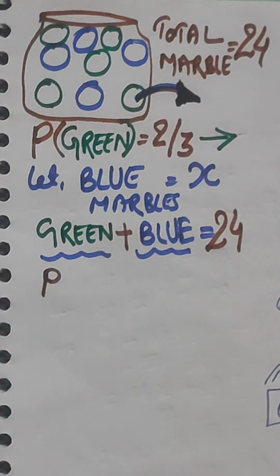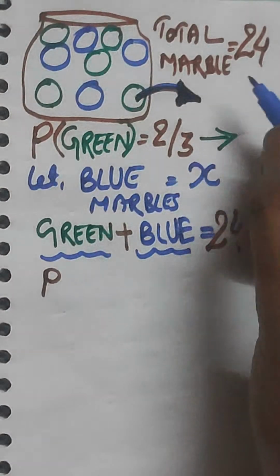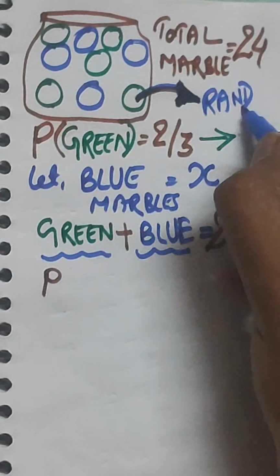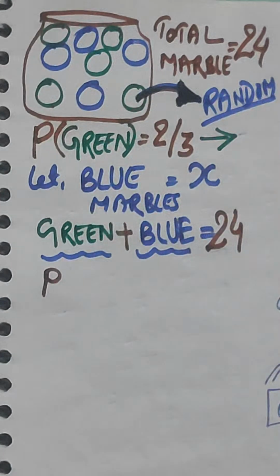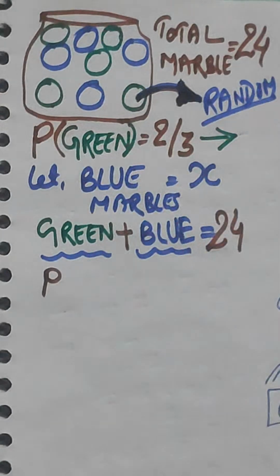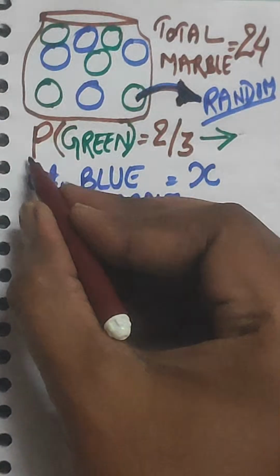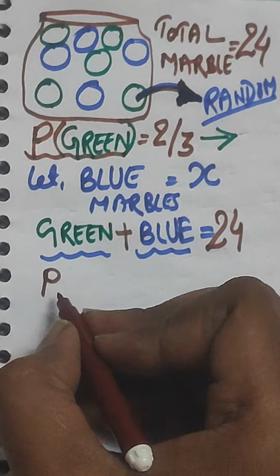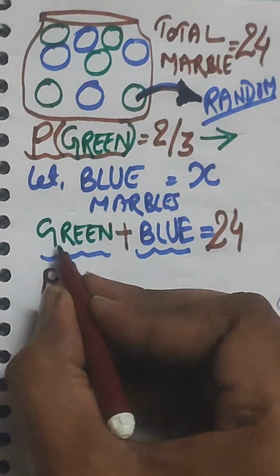If a marble is drawn at random, so random selection is made, so one marble is drawn. Since one marble is drawn, and the probability of green is given to you as 2 by 3, what is the total count of green marbles?